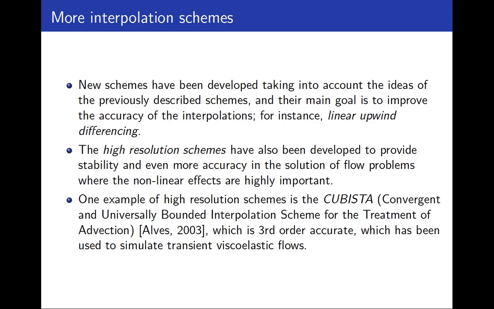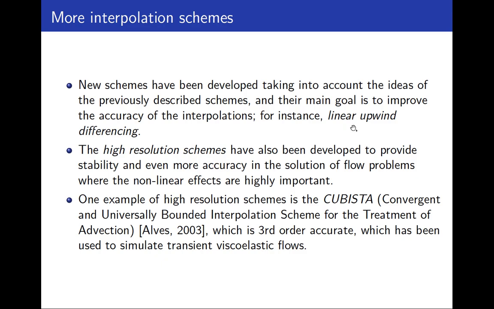So yeah, these schemes are the most common ones, but there are obviously many more schemes. And researchers, mathematicians, have developed new schemes to take into account the ideas of the previously described schemes. And their main goal, obviously, is to improve the accuracy of the interpolations.